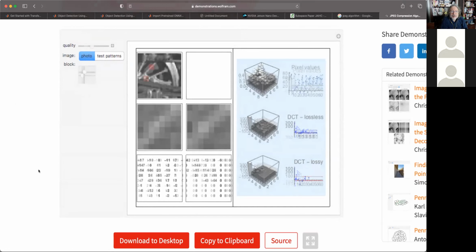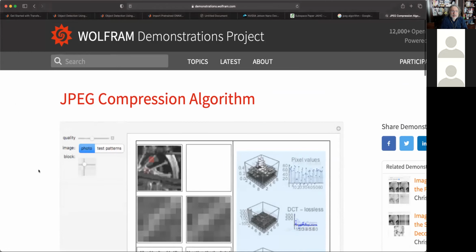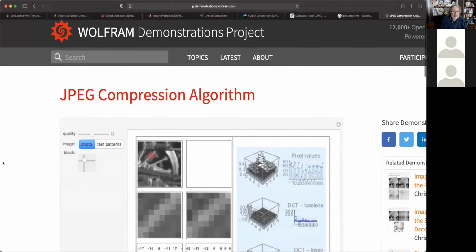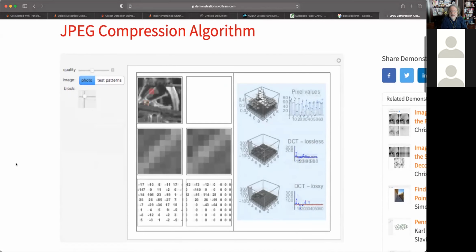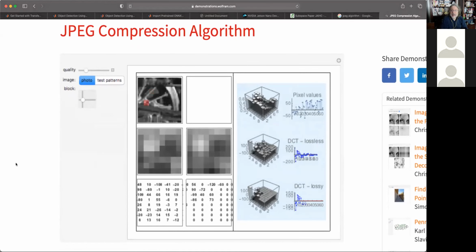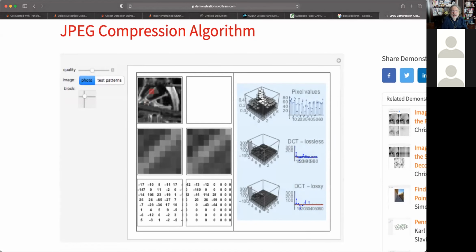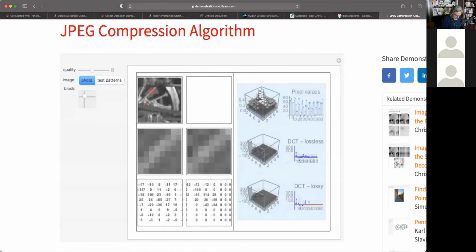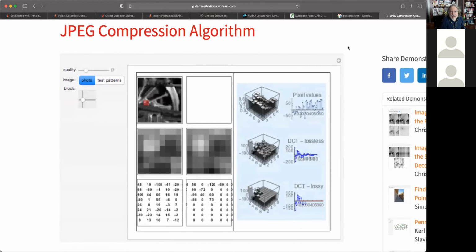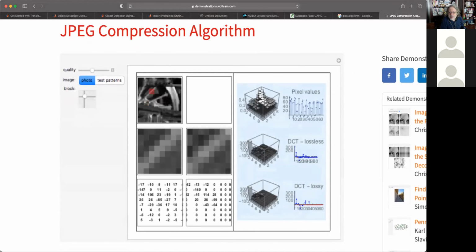It's the Wolfram demonstrations project, the JPEG compression algorithm. I would truly recommend that you take a look at this. Okay, now let's go back to the sharing from my notes again.